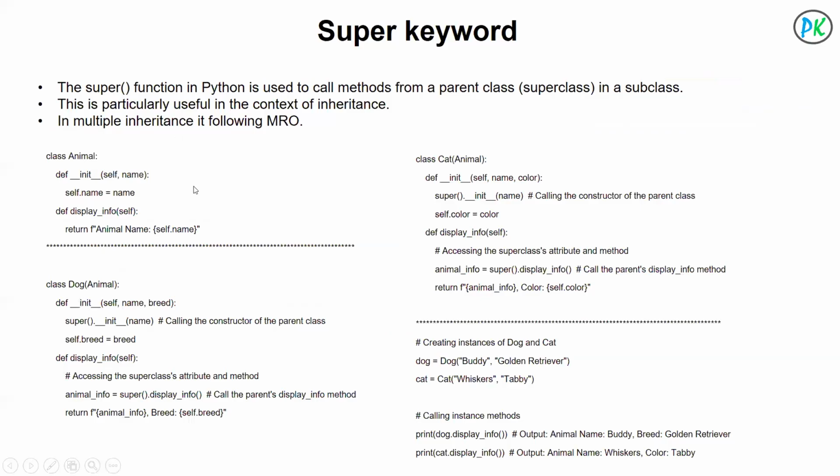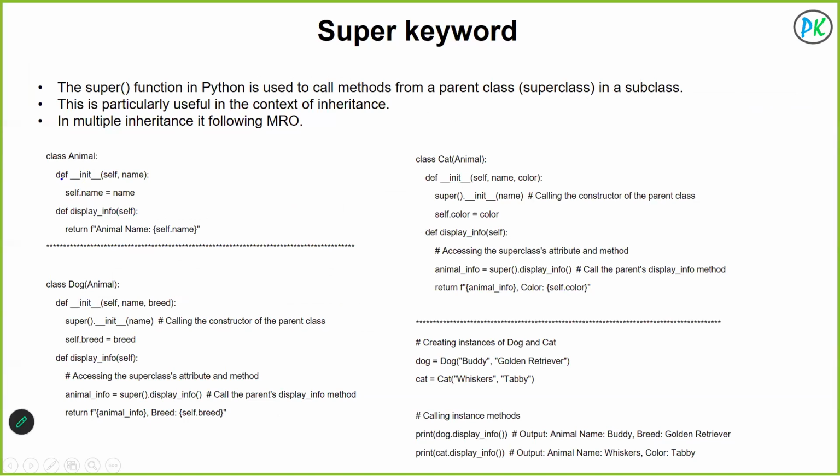Let's say I have defined, we'll come back to this init function, don't worry about it at this point of time, you ignore this for now, let's say I have defined this particular function as display info. I have inherited this particular animal into my child class, right? Now I have defined my display in my child class.